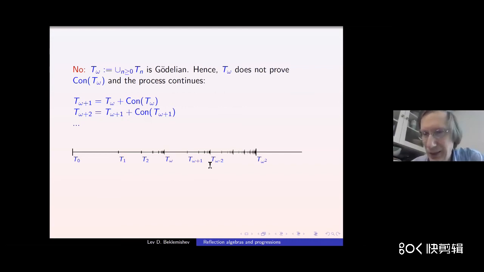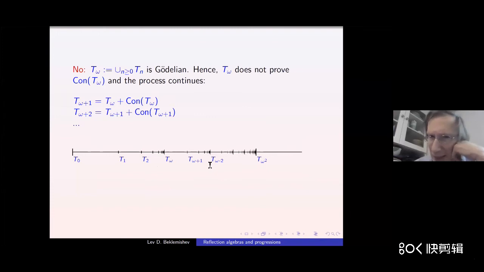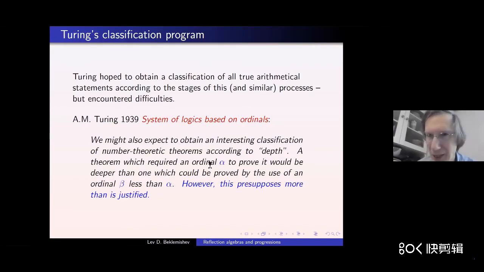However, looking in detail at how far it goes yields that there are multiple problems associated with this construction, and Turing dedicated his thesis to the study of this problem. In fact, it is interesting that Turing wasn't studying this process just for fun.